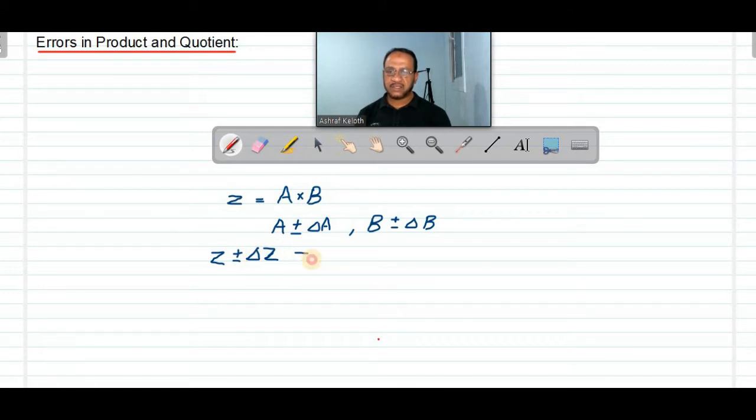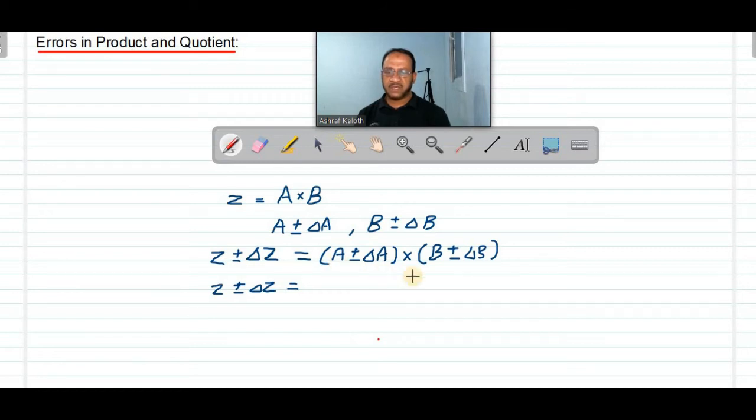It can be written as A plus or minus delta A, where delta is the small error, into, because the quantity is given by A multiplied by B, the complete measurement including the error, B plus or minus delta B. When we multiply this quantity we get Z plus or minus delta Z equal to, first I multiply A with B and also A with plus or minus delta B.